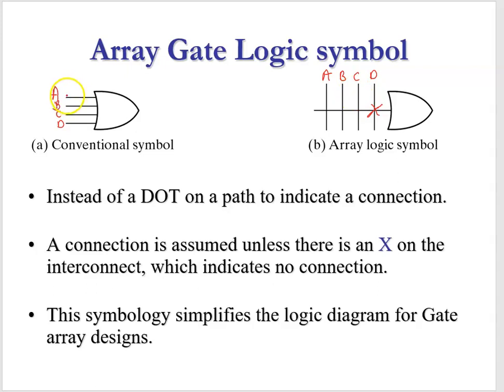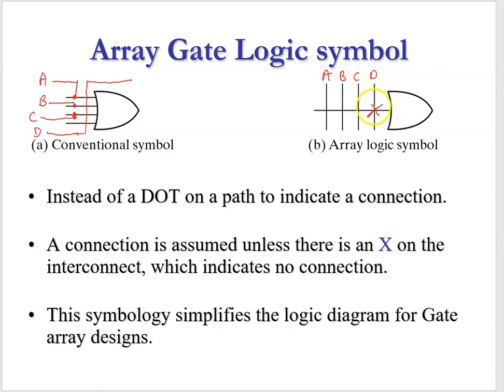In the conventional diagram, if D just ran across but wasn't connected, going someplace else, it didn't connect anywhere, so we don't put a dot.